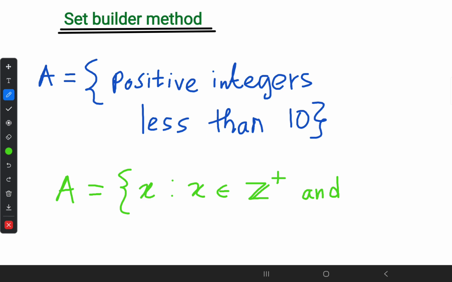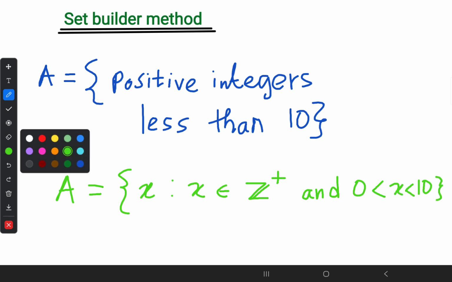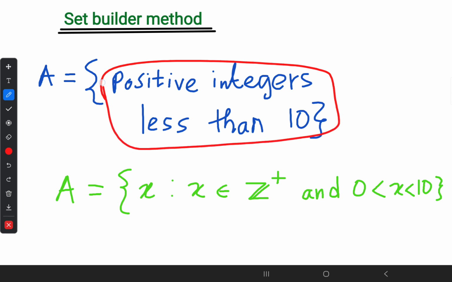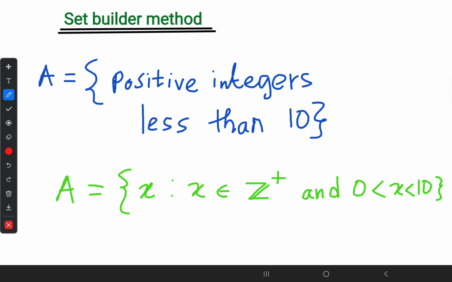Positive number means here also there is a condition given. Positive number means that it should be greater than 0. Less than 10 is also given. So the values which are located in between this range are our answers. I think it's hard to understand the first time, so I will explain one more time. You have to look into the statement, the description, very carefully.